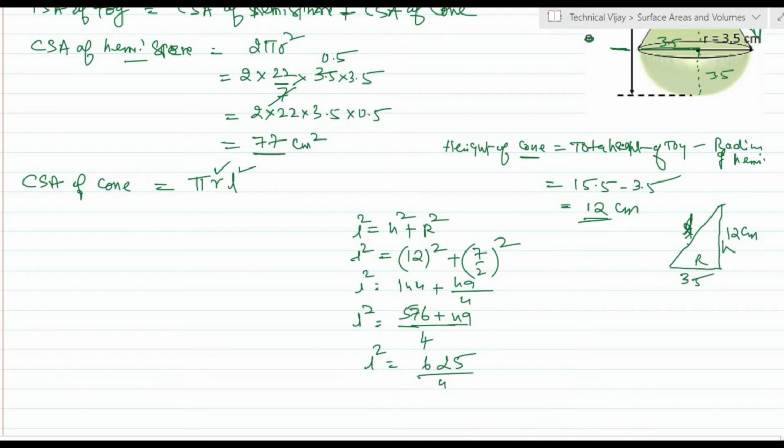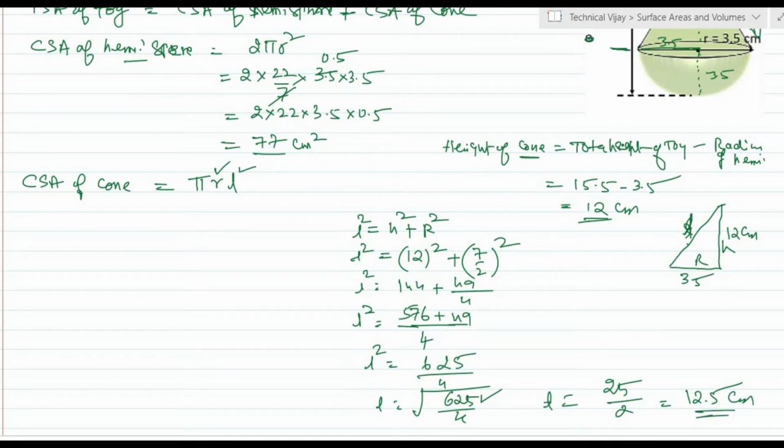So l is equal to the square root of 625 divided by 4, which is 25 divided by 2, equal to 12.5 centimeter.